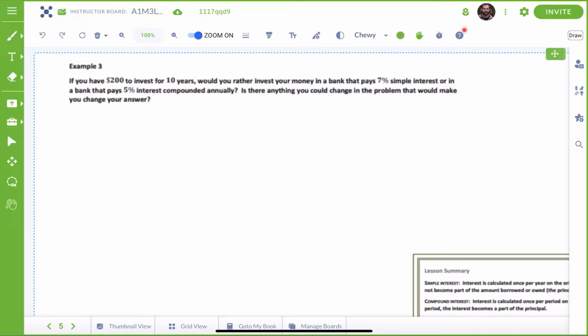We can do this one simple for the simple interest. It would be $200 times the rate, which is 0.07, okay, times the time, 10 years, okay. Now, if I don't want to have to add that on to my principal, I'm going to go ahead and put the $200 in here. Now, this should be pretty easy.